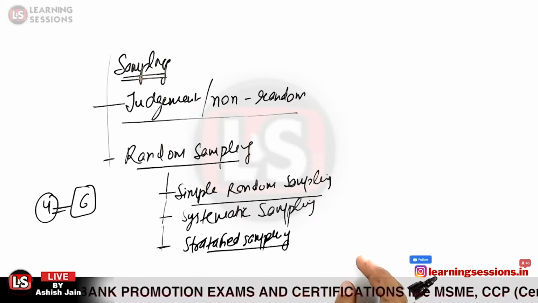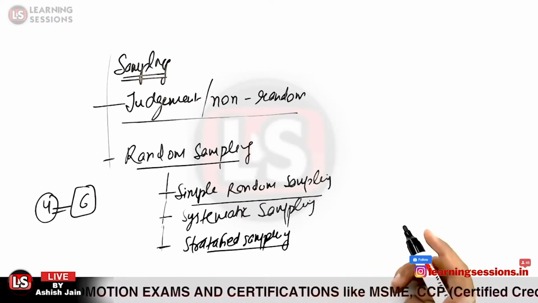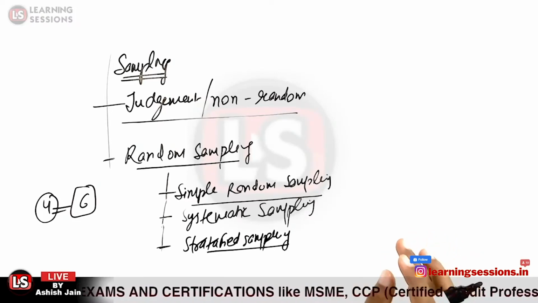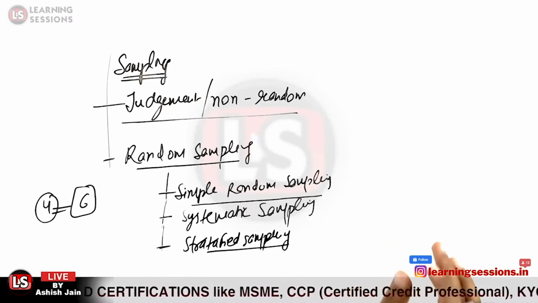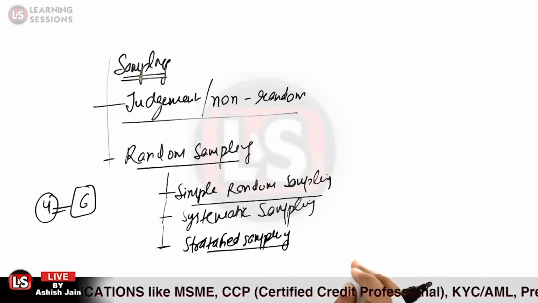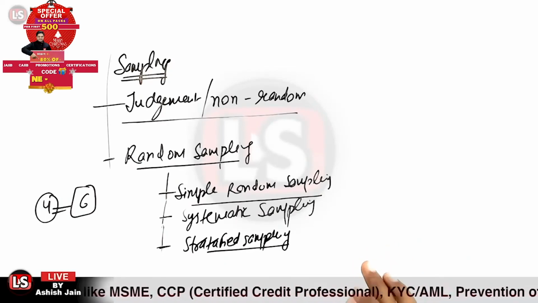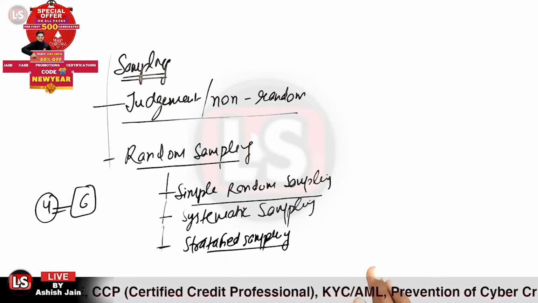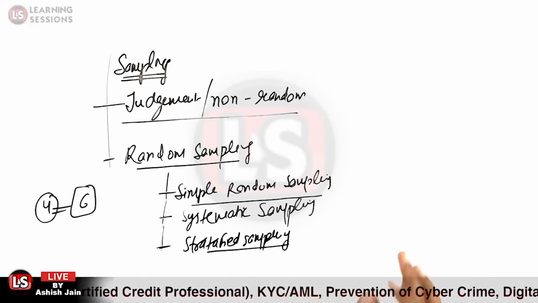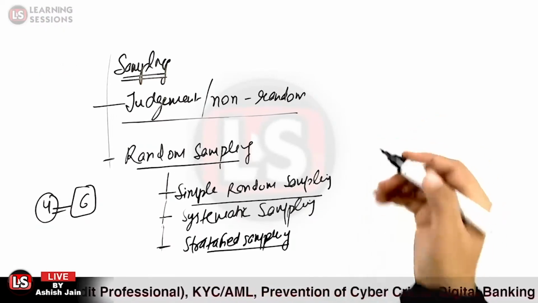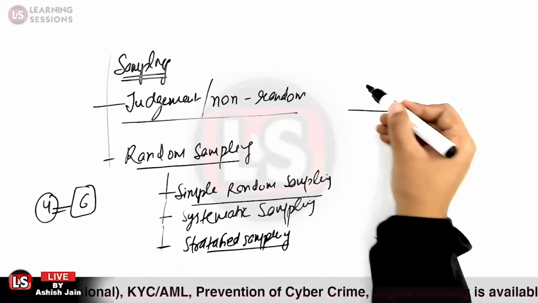Let me give an example: if you're a jeans manufacturing company, and you want to get an idea of what your estimated sales would be this year, and you also know that your jeans products are very famous among the age group of 16 to 35, you basically divide the whole population into different categories.